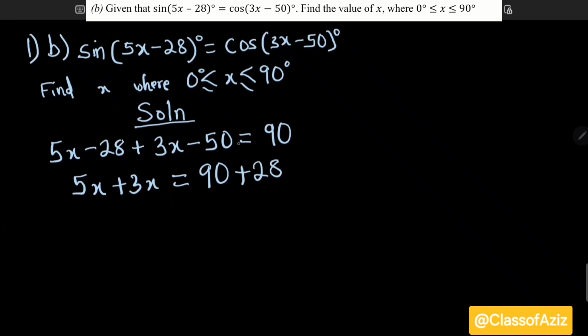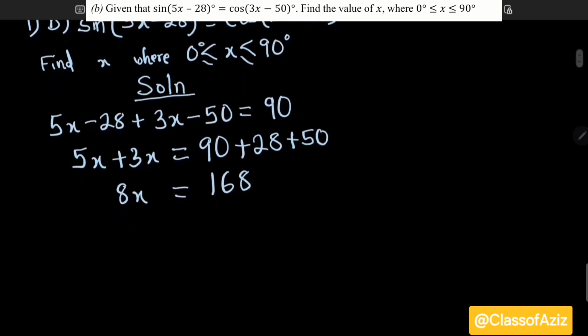Then this 50 will also go there, which becomes plus 50. Okay, now we add the x, 5x and 3x, which will give us 8x is equal to 90 plus 28 plus 50 will give us 168.